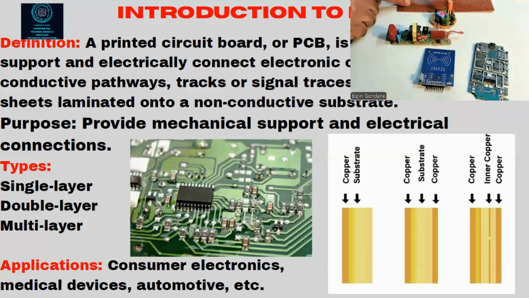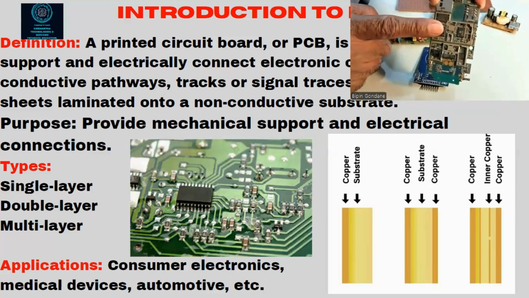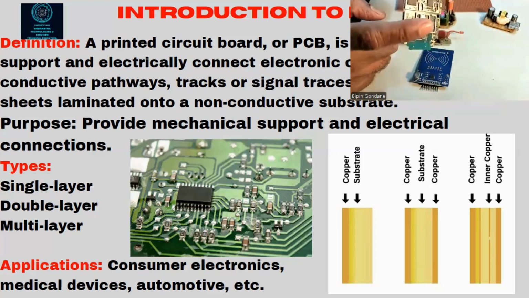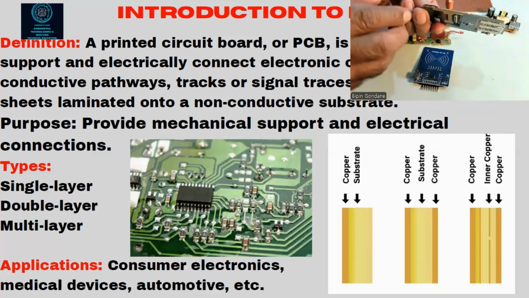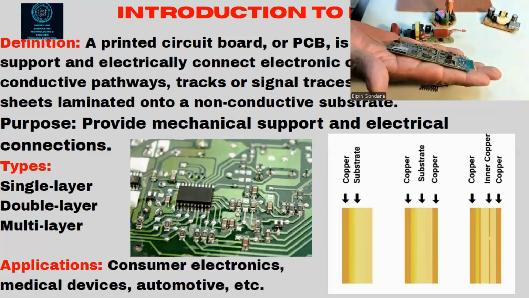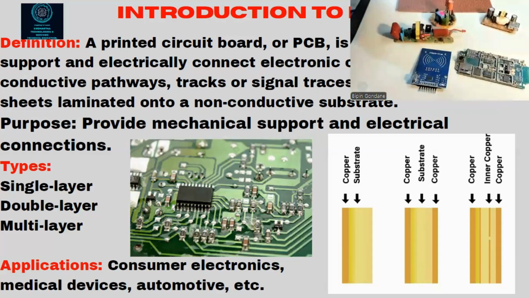Single-sided I just showed you. Then we have multi-layer PCB. This one is a multi-layer PCB. Multi-layer means there are 1, 2, and more than 2 layers inside. Where are the layers? They are inside. While manufacturing, they put the layers on top of each other. So that is the multi-layer PCB.